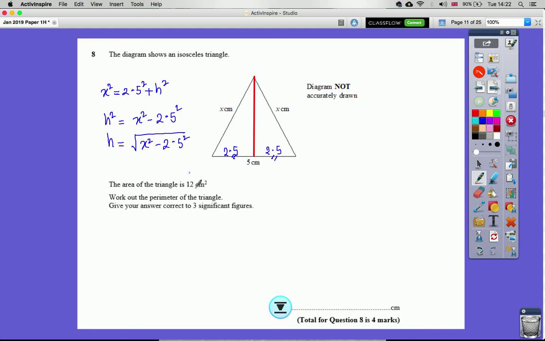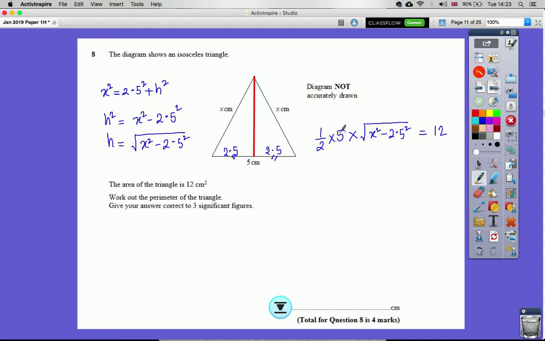Now we know the area of the triangle is 12 centimeters squared. So we know that half base times height is the area. So we can do half. What is the base? Base is 5 centimeters times the height, square root of x squared minus 2.5 squared. That is equal to 12. Right? So now we're going to try and solve the equation.